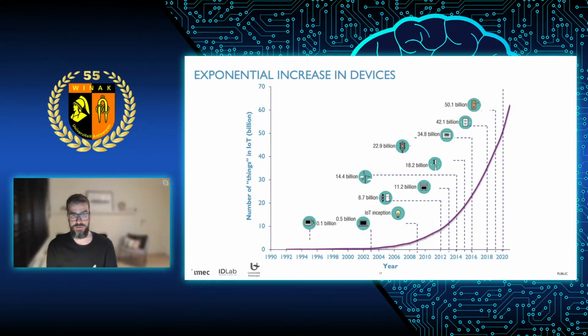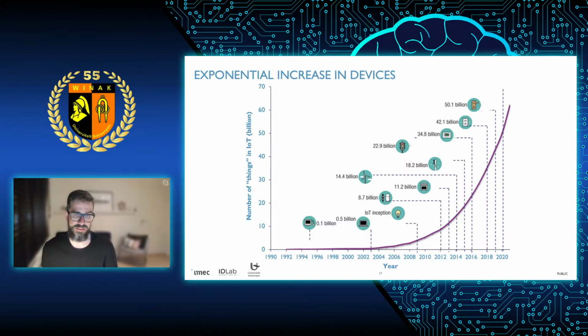Think of smart light bulbs, smart thermostats. I recently bought a smart bird feeder, so you can really have any type of application that you want, and link it to the internet. That's really an exponential increase in devices.